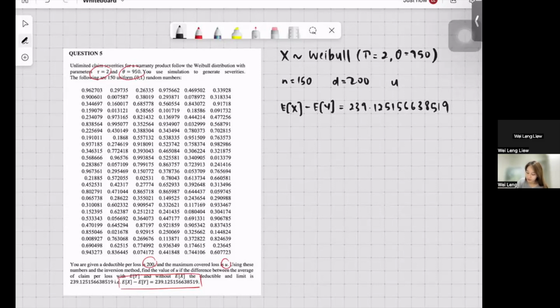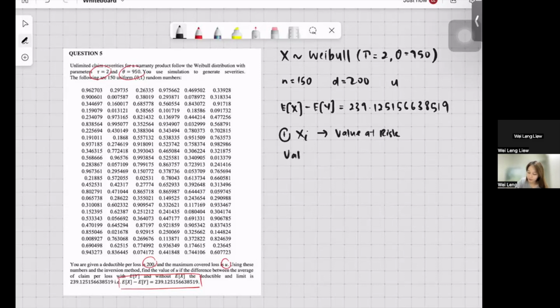The first step is to find out the severity amount for each random number generated. We are looking at xi, which is the value at risk.